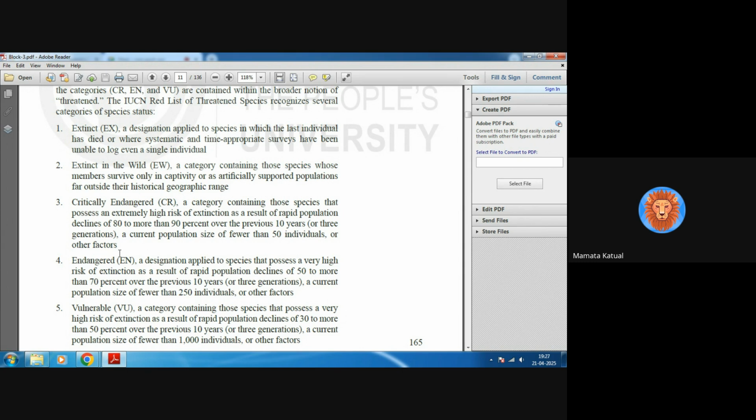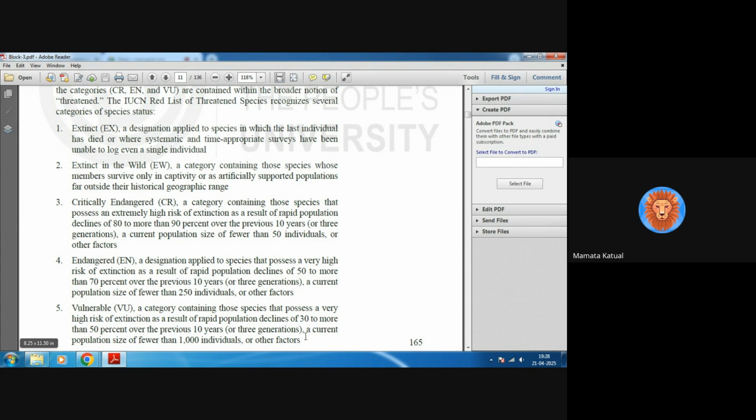If in 3 generations or in the last 10 years the population declines 80 to more than 90%, then we keep it in the critically endangered category. And if the current population size is fewer than 90 individuals, or if the total number of individuals in the world is less than 50, then also we keep it in critically endangered.